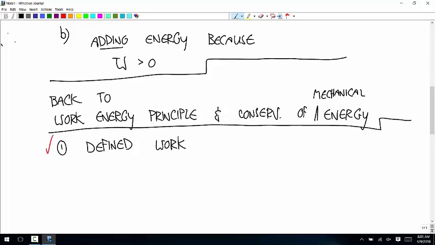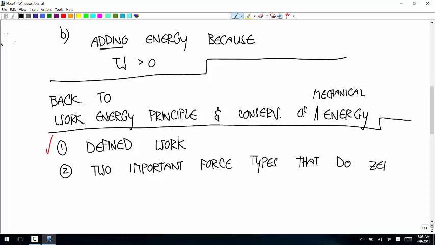Done with that. And we talked about two important force types that don't do any work. So that means when these two force types are acting in a problem and you're using an energy approach, you don't even have to do the calculations of work for those.